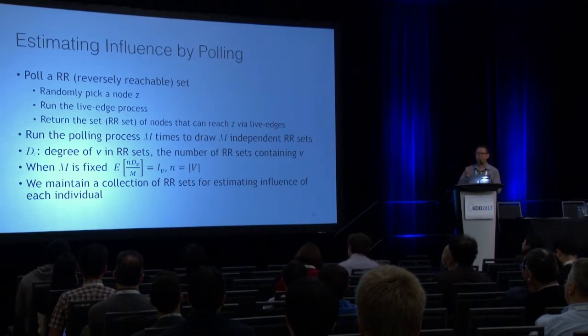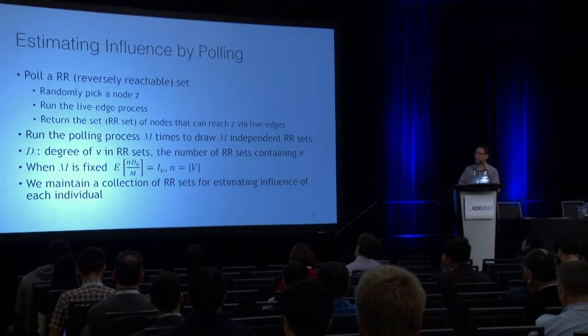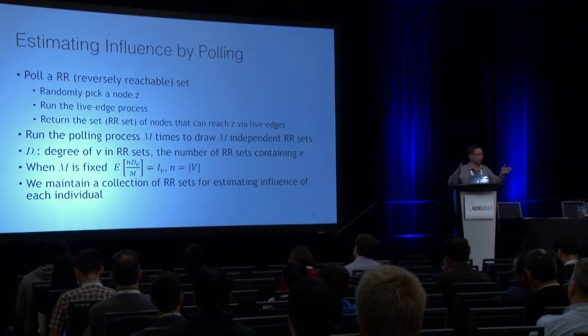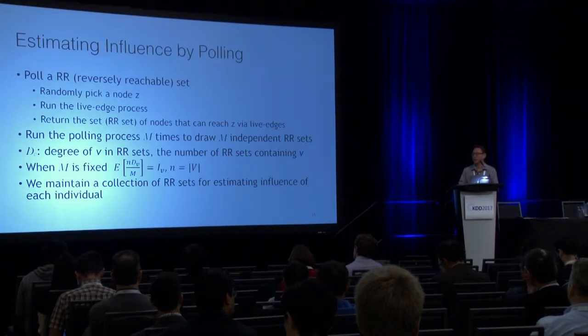We randomly pick a node, let's say Z, run the live edge process, and return the RR set, the set of nodes that can reach Z via those live edges, as a sample unit. We do this again and again, so we accumulate a sufficiently large number of sample units to form our sample, and then we estimate the measures from that. I will tell you some details later, but the general framework is just that simple.